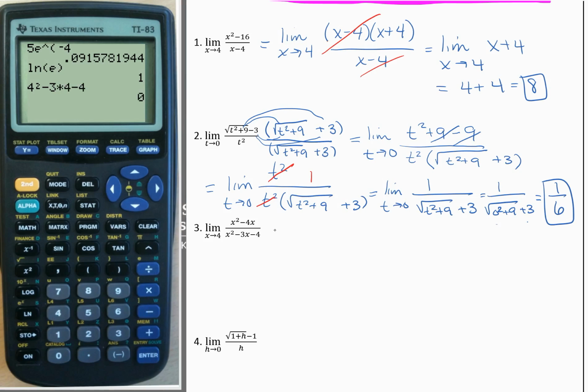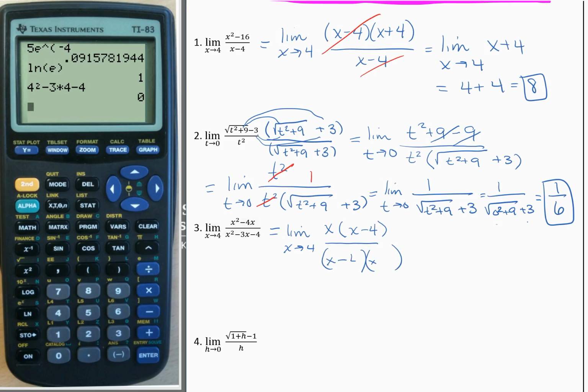So here, since it's a rational function, we're going to want to factor, so we're going to have the limit as x goes to 4. Factoring the numerator, we can pull out an x. We'll have x times x minus 4. And the denominator, we need two numbers that multiply to get negative 4 and add to get negative 3.